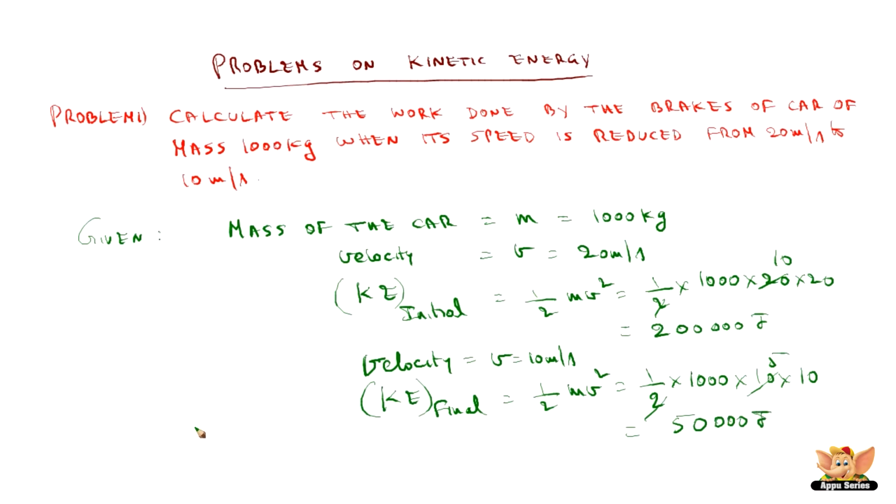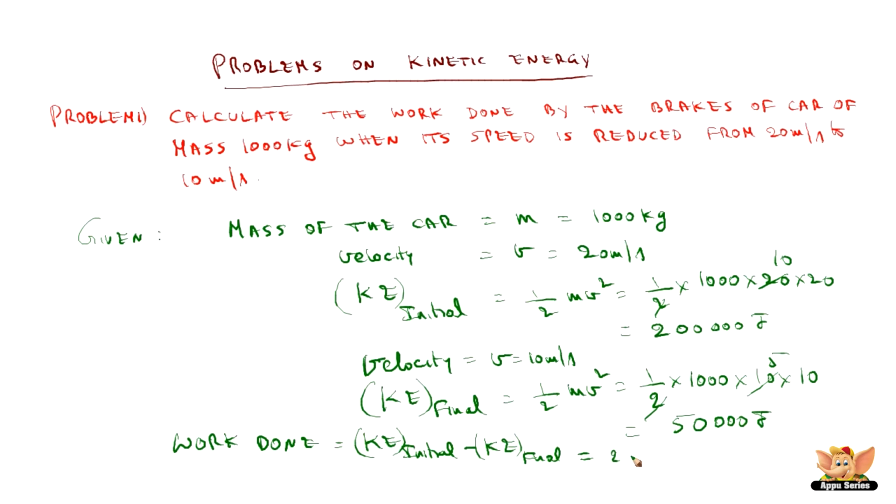So the difference in these two kinetic energies is the work done. Hence work done is equal to the initial kinetic energy minus the final kinetic energy. The initial kinetic energy is higher because the velocity is higher, so the work done also will be higher.